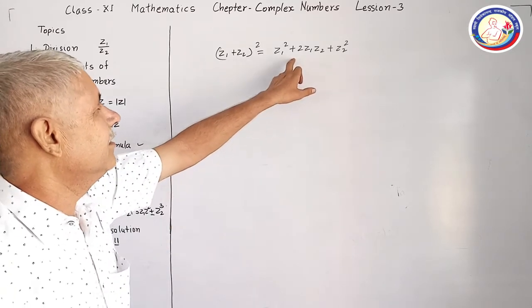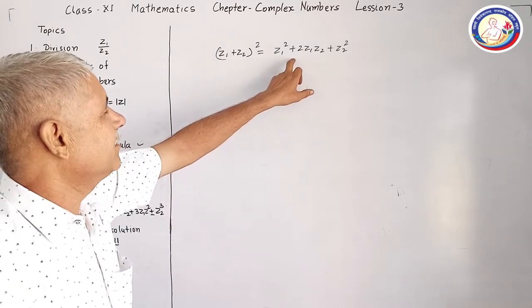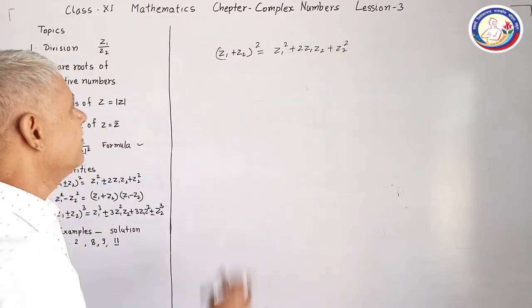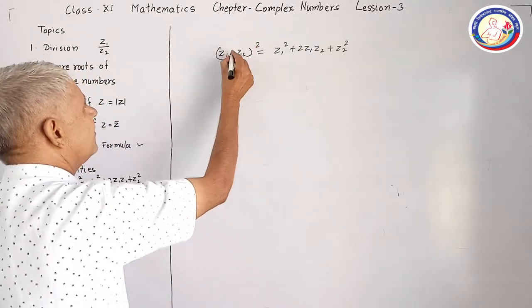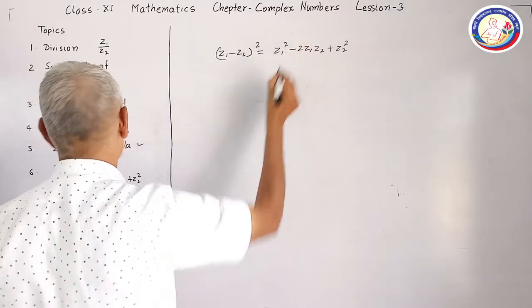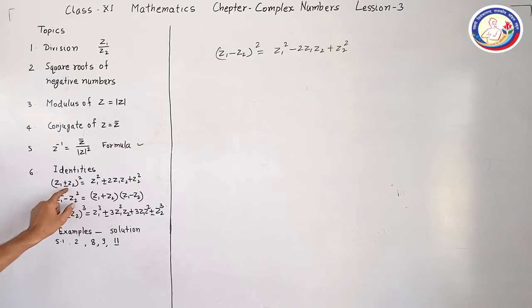It is explained in your textbook, so I am leaving it. I am directly taking z1 minus z2 whole square. This will be the second. If here is a minus sign, we will get a minus sign here.